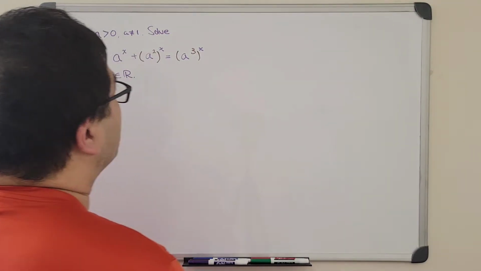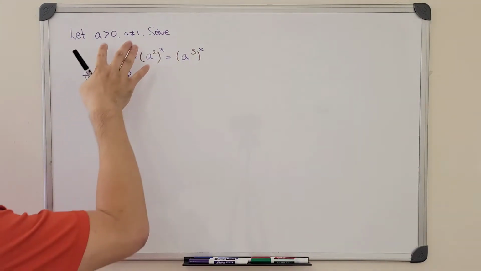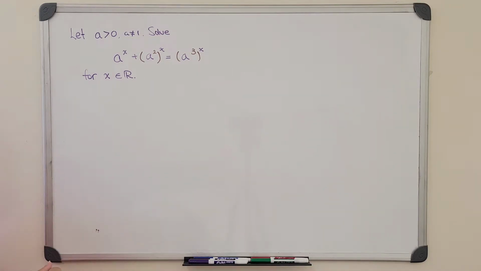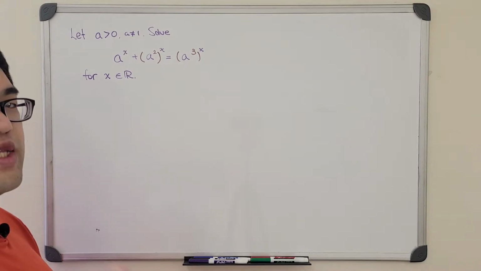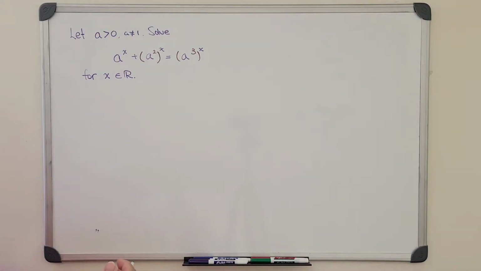Good. So now we see why we have the conditions. Let's talk about what we can do in this problem. Since we know that a is a positive real number and not equal to 1, a to the x power is always some positive number as well.